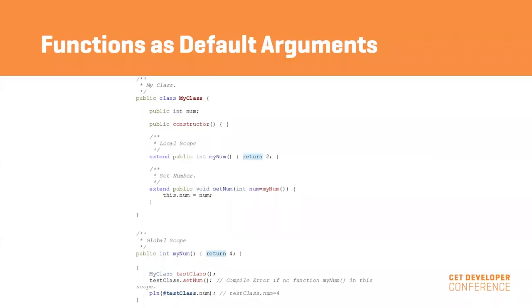So here, if I call test class set num, it will be a default of 4 because that is my scope, the caller. And also something to note: if I did not have that global variable or that global function there, my num, then it wouldn't compile.